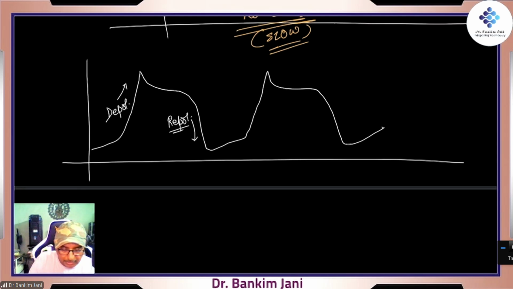As it is going down, at this junction suddenly there is one more contraction. Somehow those voltage gated sodium channels which were supposed to open over here open over here, and it gives this spike. Now this is abnormal.